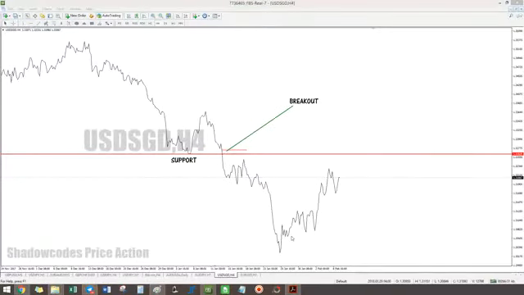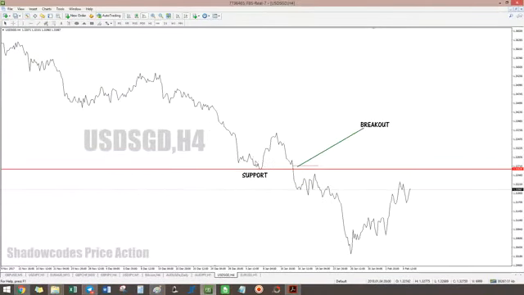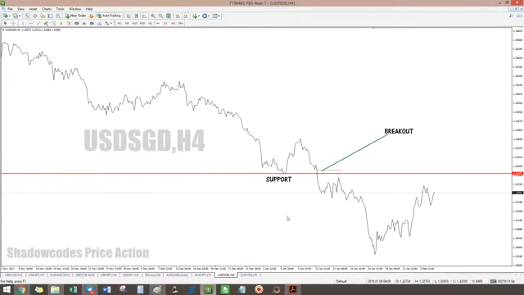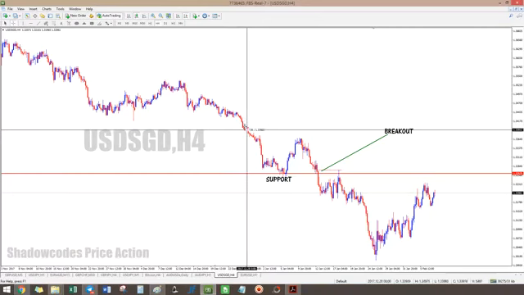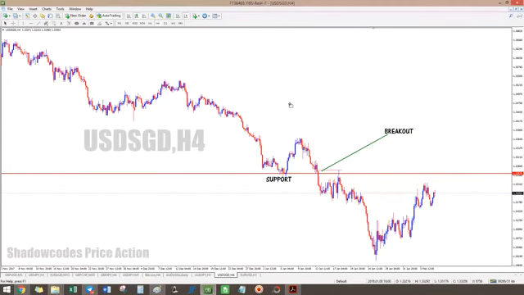You need to break an important level to become a flat. For example, over here, this happened, it did not break anything, it's a drop, base, drop. So this is not a flat, this is just a DBD. But this one is breaking the support, so over here we have a flat zone.